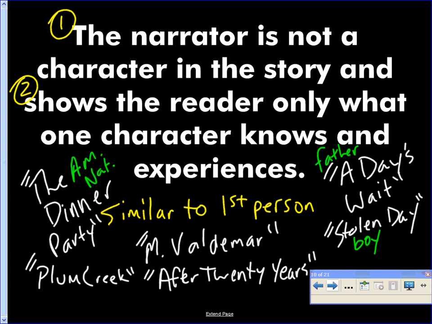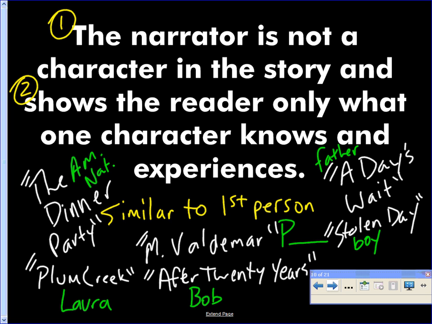After 20 Years, really, you are receiving the story from Bob's perspective for the most part, that man on the street. And Valdemar, of course, Poe uses this P with an anonymous underline as the narrator, and then Plum Creek is told from Laura's perspective.